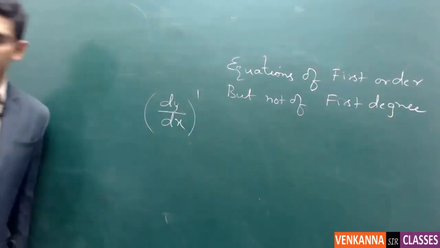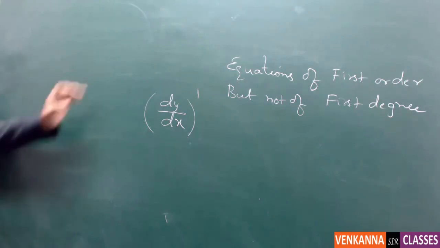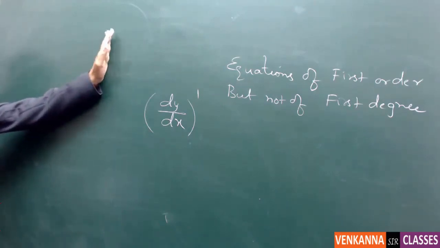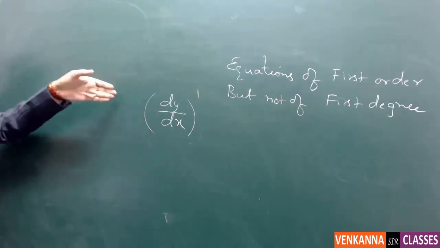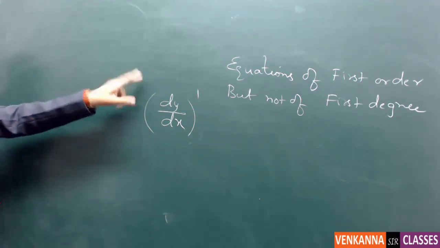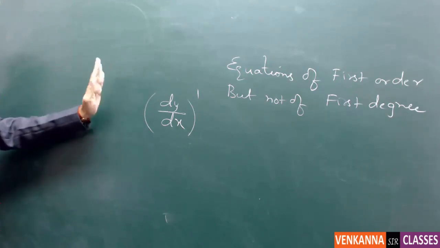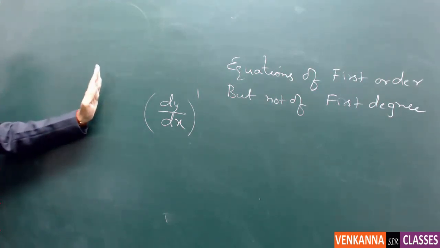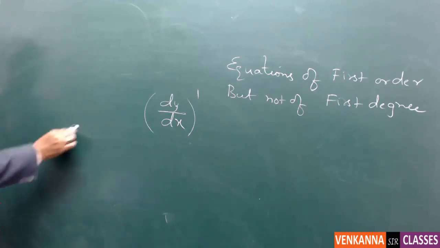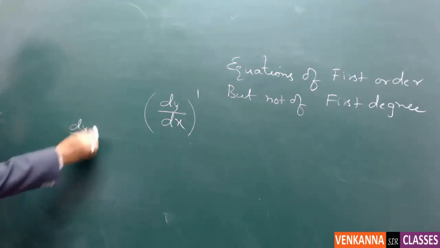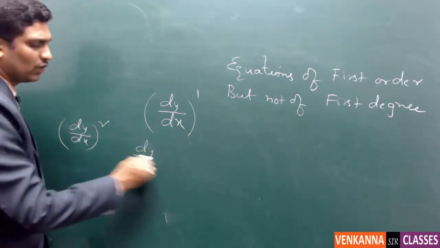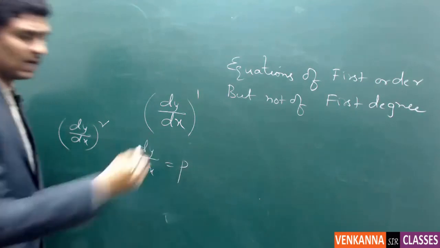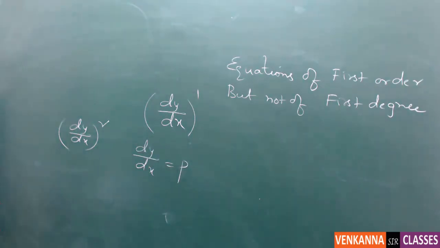So we have not yet solved problems such that dy by dx contains power more than 1, dy by dx whole square, dy by dx whole cube, etc. However, in the concept of change of variables, we have solved the dy by dx whole square problem up to a certain extent by taking dy by dx is equal to p, making it variable separable, and further solving it, right?